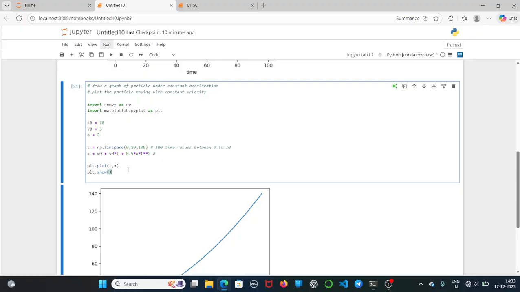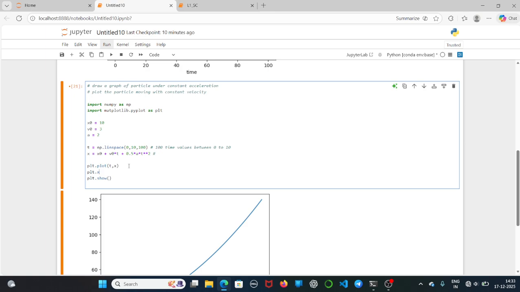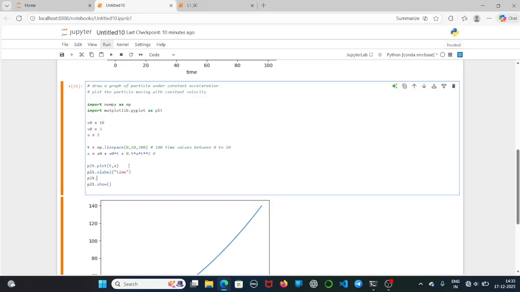Okay. Now I also want to give labels to the x and y axes. I can write xlabel, time. I am going to give ylabel as position.